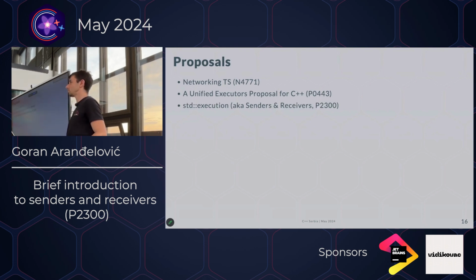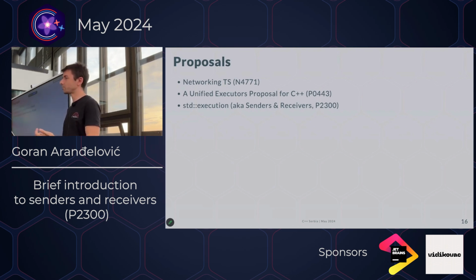So basically, if you want to look into more examples of what senders and receivers are, and you're not disgusted by reading long proposals and long wording, then you can find this one and see many more examples than I will present today.